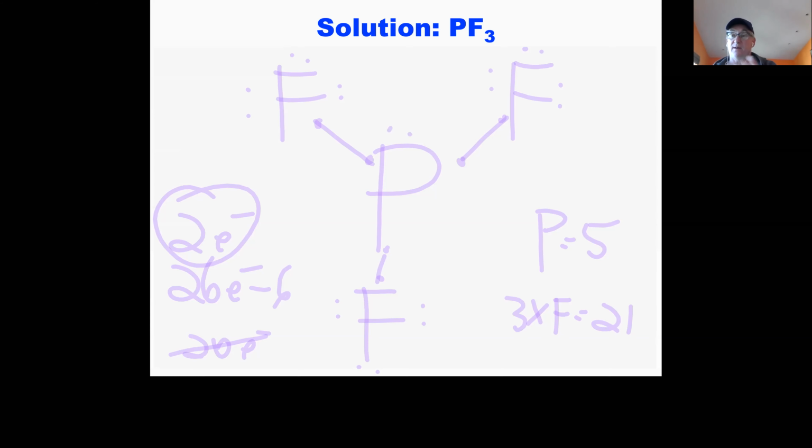If we look in the middle, how many valence electrons is phosphorus supposed to have? It's supposed to have 5. How many valence electrons does it have in this particular molecule?